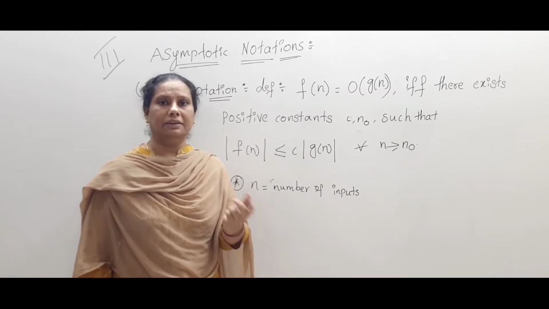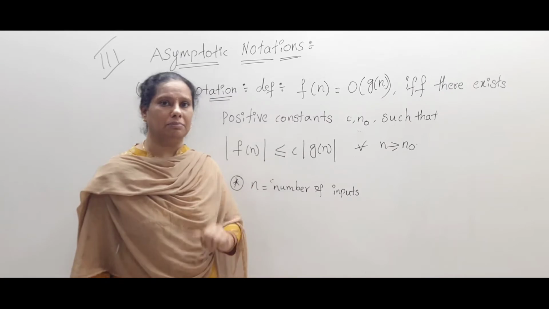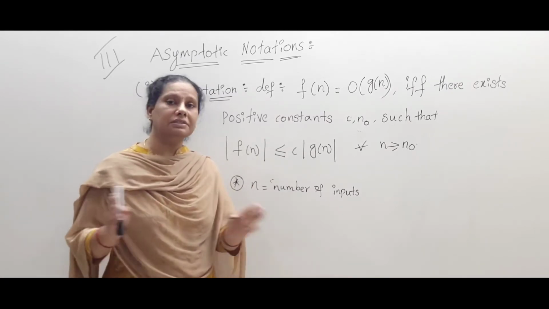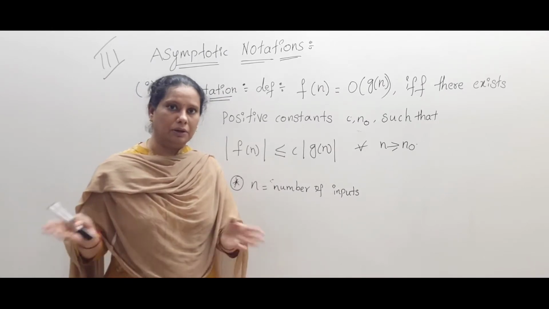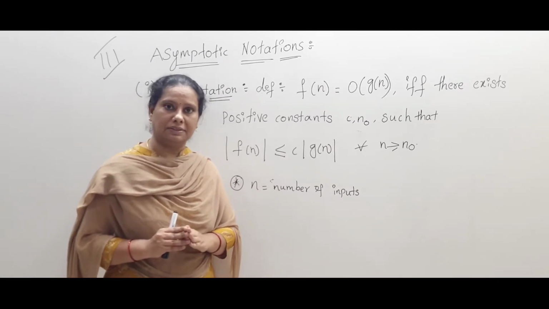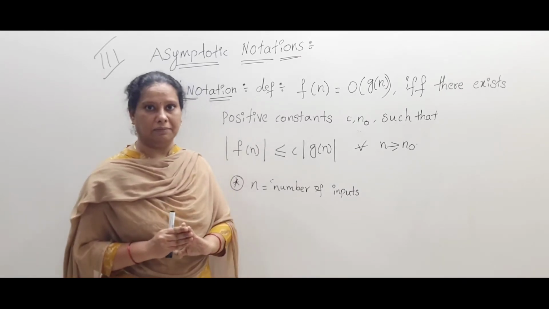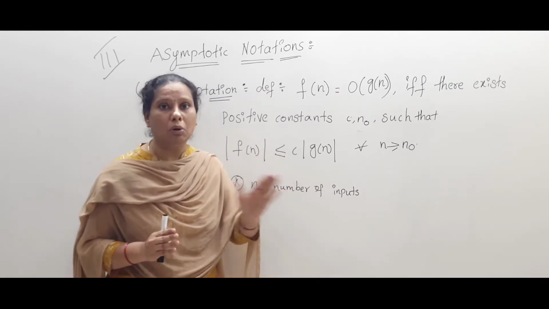How? Let me take a simple example. If I ask you to sort 3 numbers and 30 numbers, is the time different for the two algorithms, for the two programs, or not? Yes. Sorting 3 numbers will take less time, whereas sorting 30 numbers will take more time.